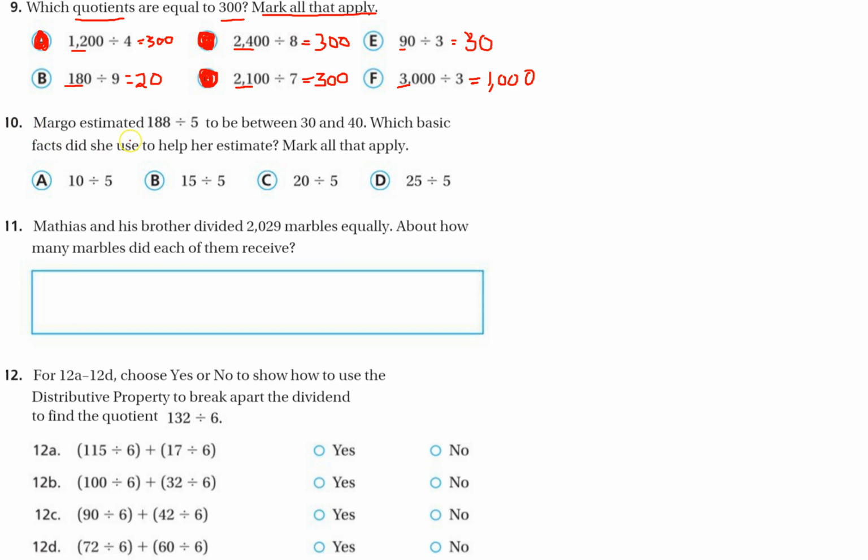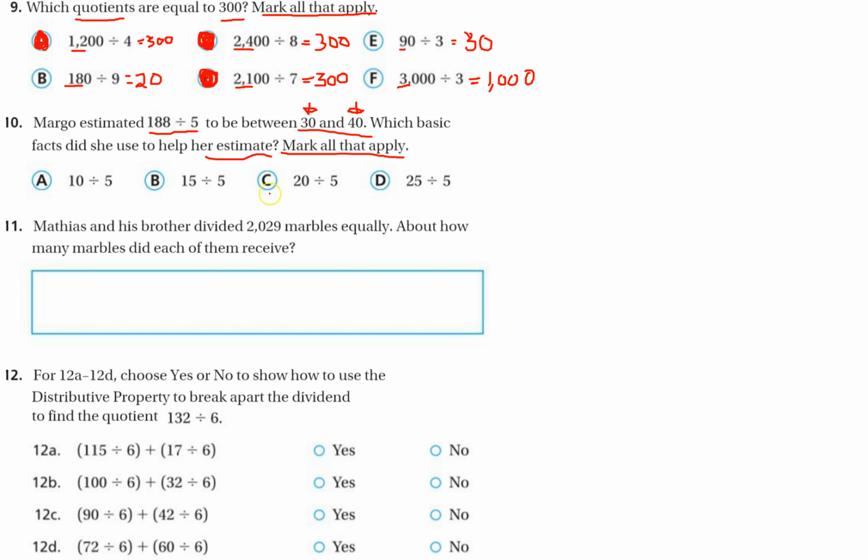Okay, number 10, Margot estimated 188 divided by 5 to be between 30 and 40. Which basic facts did she use to help her estimate? Mark all that apply. Well, there's only 2 numbers here, so there's only going to be 2 of these problems that we're going to use. You can't possibly have 3 or 4 because she estimated it to be between this number and this number.